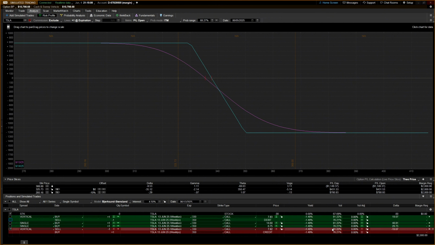And with the credit spread, your max loss is now going to be the other way. So if this is a 20-point spread, just think about this: you are selling the 330s, and if that gets executed and you are forced to fulfill that contract, because you are obligated, if you are chosen randomly to do so, if this does get in the money, you are saying, okay, I'm going to sell Tesla shares for $330.